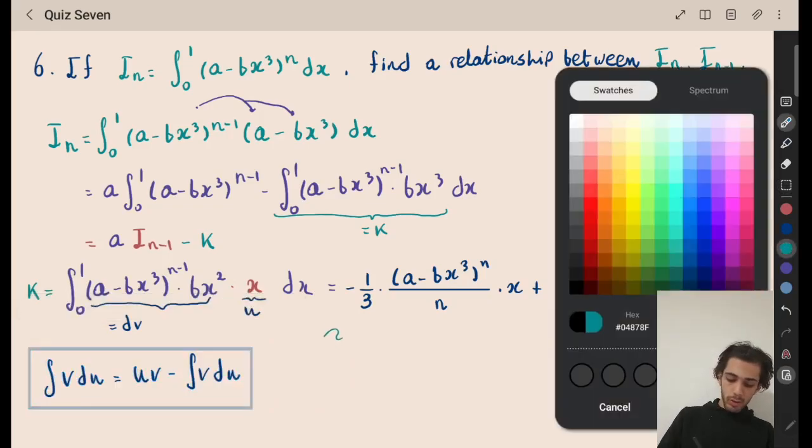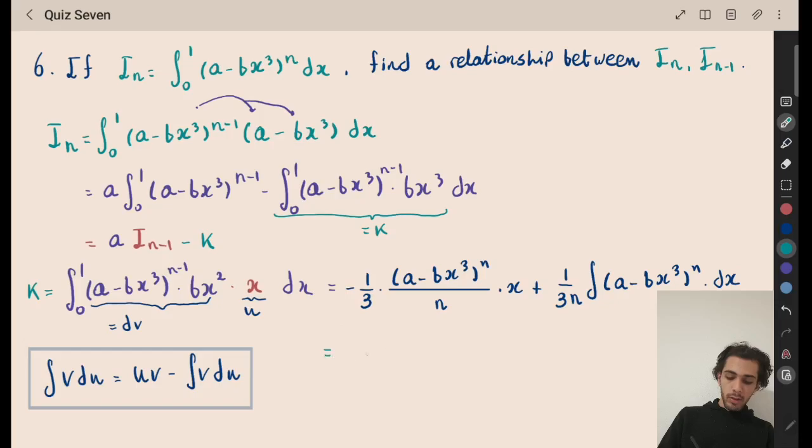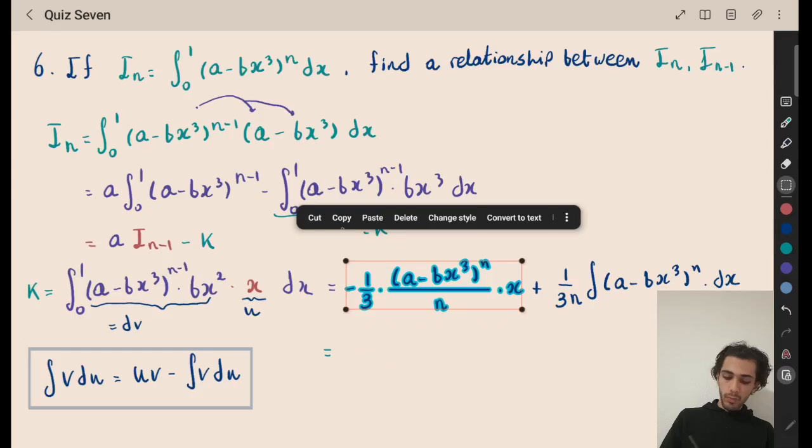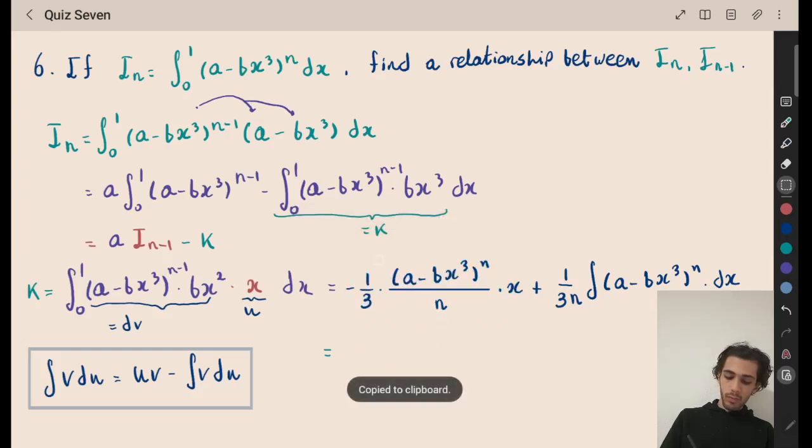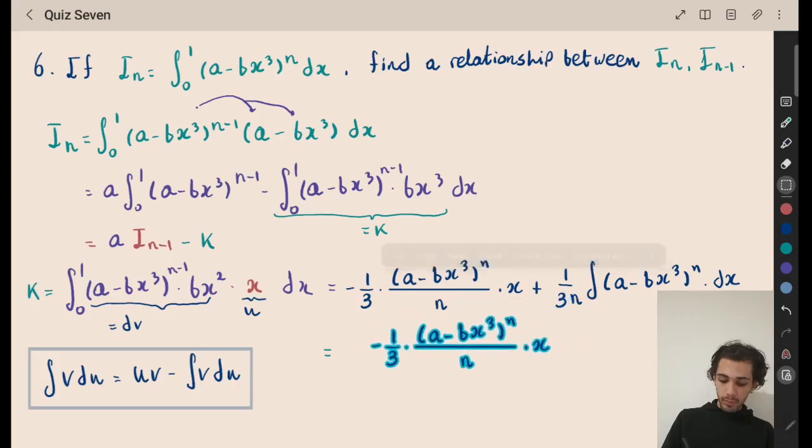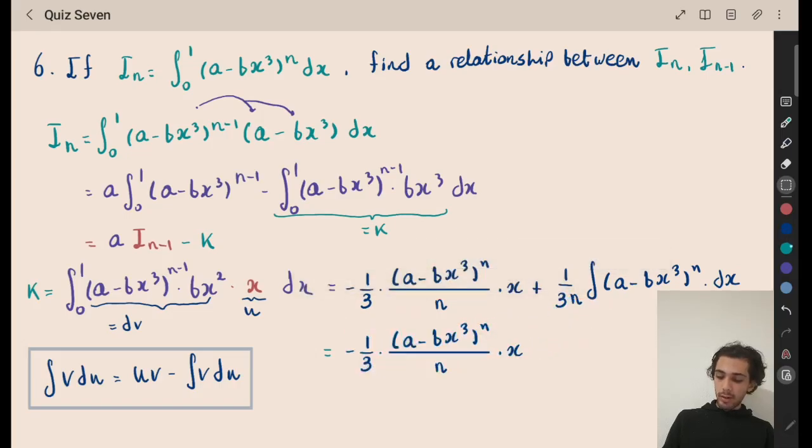So I'll proceed with finding the equivalent expression for K. I write this, and then I write 1 over 3n times I_n, because I can, and because this is actually the expression for I_n. It's (a minus bx cubed) to the n. But then what am I really missing here?